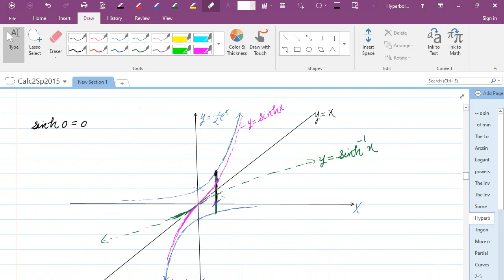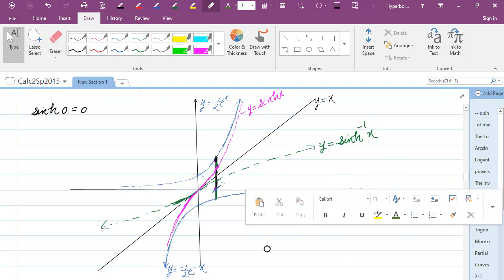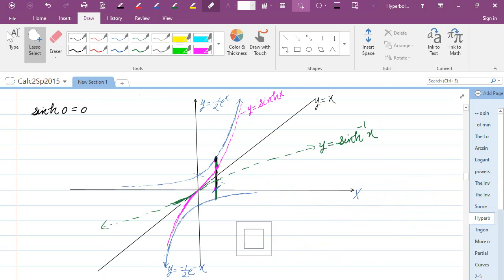So here's the graph. The pink curve here is the graph of the hyperbolic sine function. Sorry, let's not worry about the green curve yet.